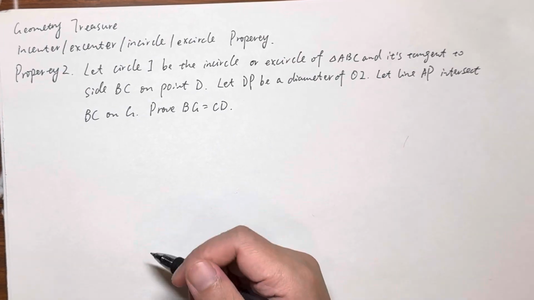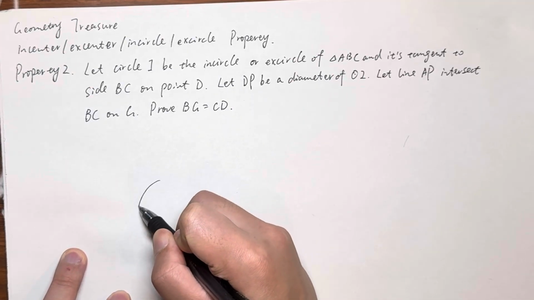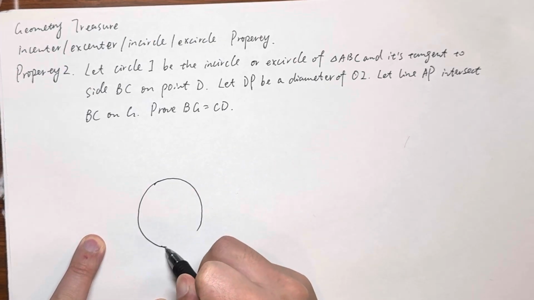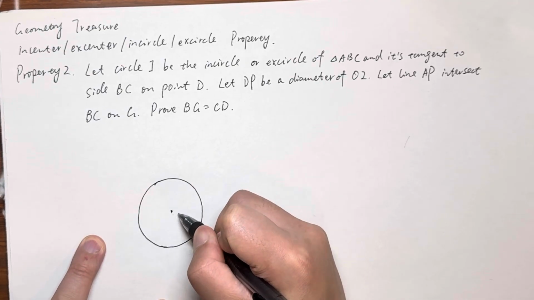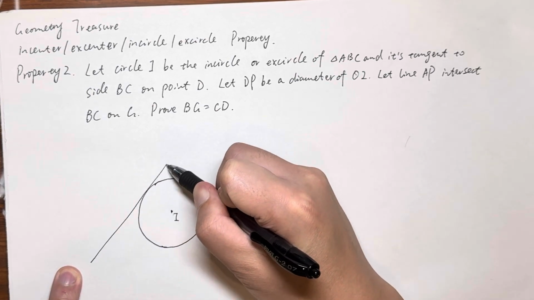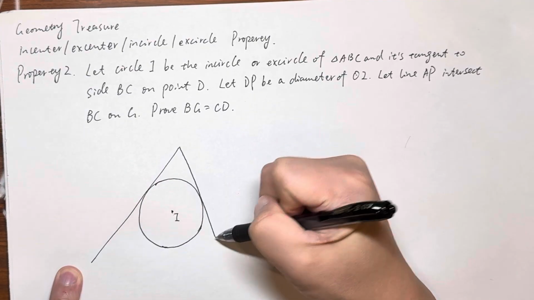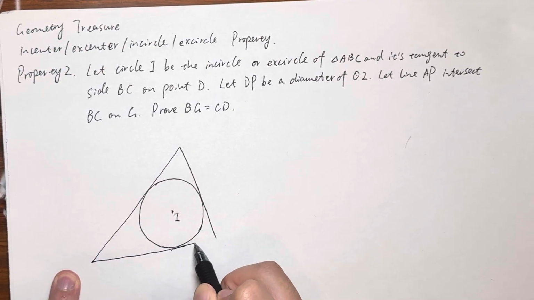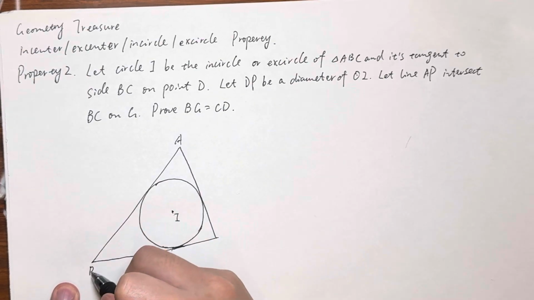So for this problem, we can start from the incircle, and let's draw the incircle first. This is our incircle, and we have triangle ABC here.